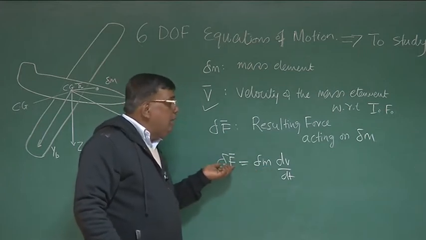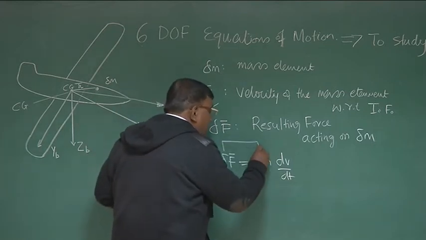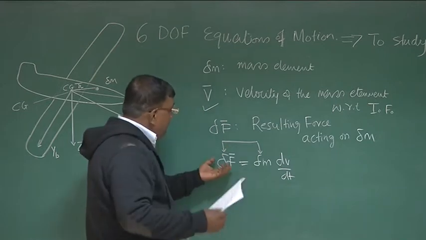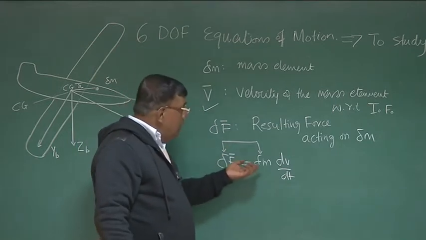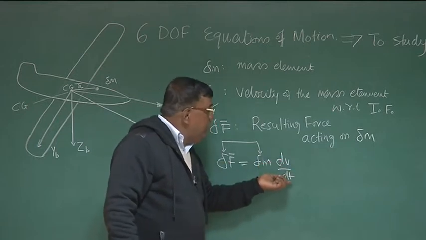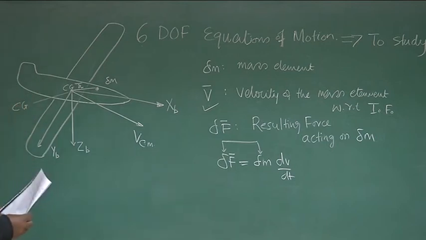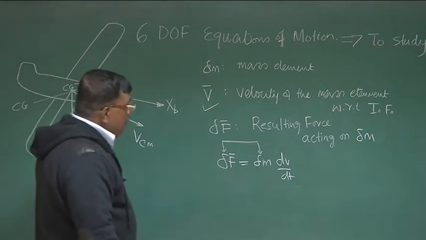I draw a line like this so that you clearly understand. This is the external force acting on dm, which is causing acceleration dv by dt, or which is changing the momentum, in accordance with Newton's laws of motion.